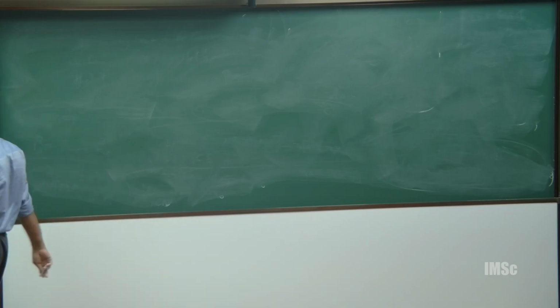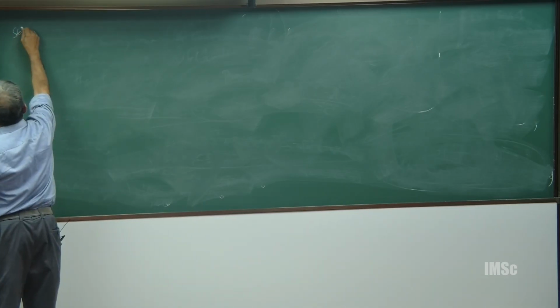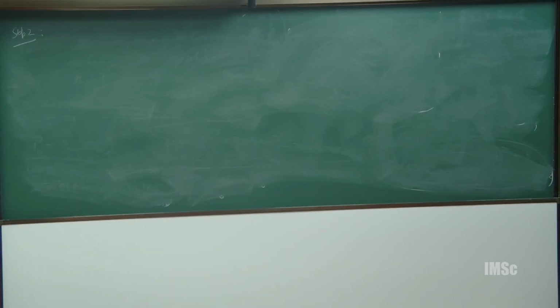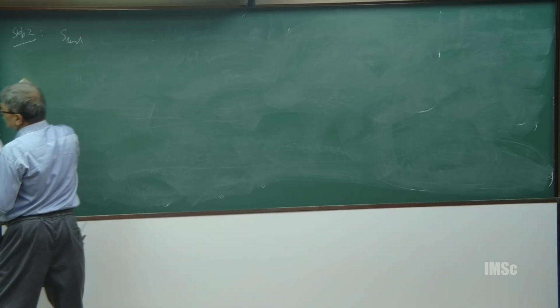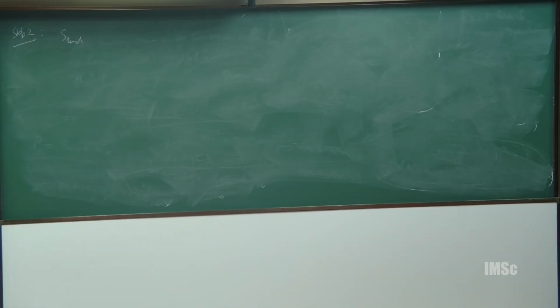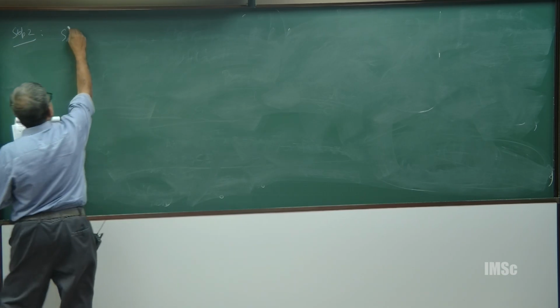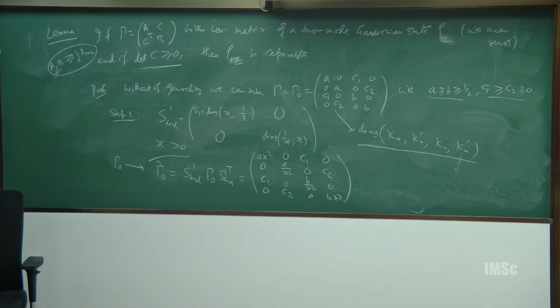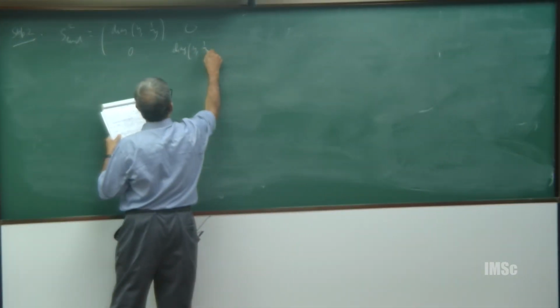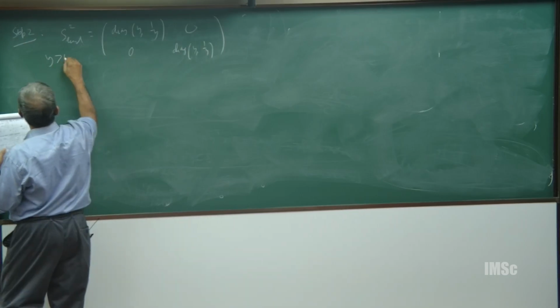Okay. So, next step is step 2, you apply the same local squeezing. So, this is maybe I will call it S local, this is S local 1 and this is S local 2, which is diagonal of y 1 by y 0 0 diagonal y 1 by y, again y is a positive quantity.